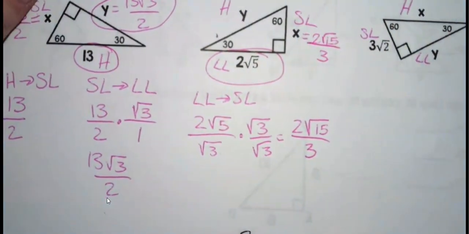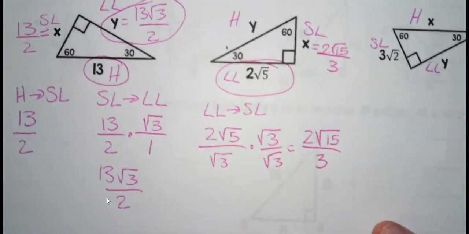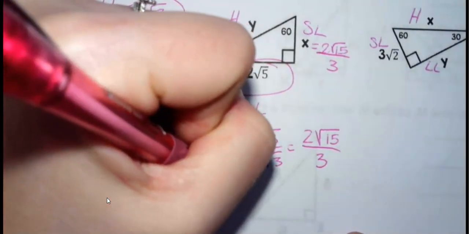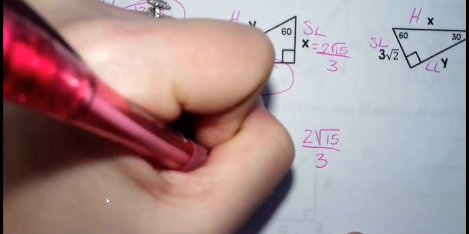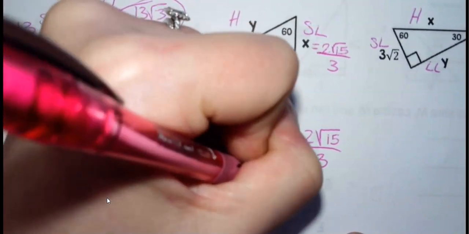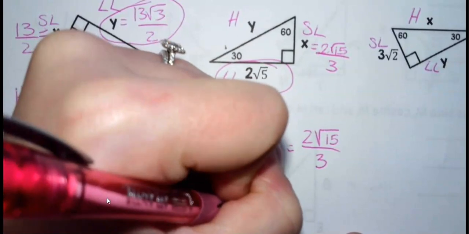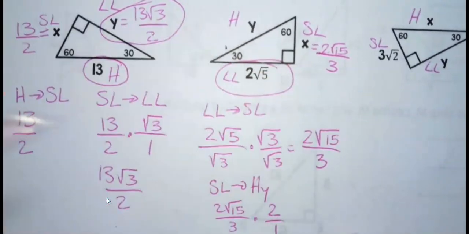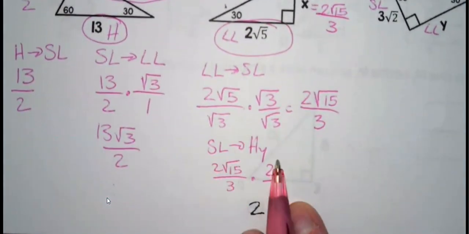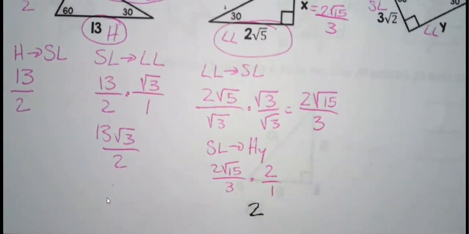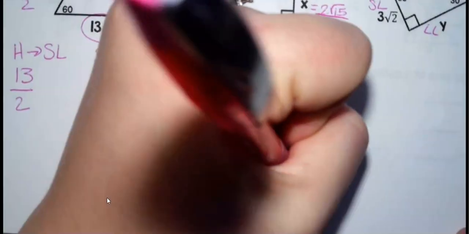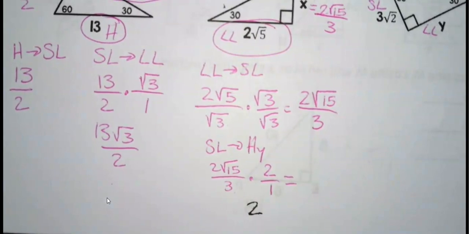Okay, and then you may think, oh my gosh, now we have another step. But this last step is actually pretty easy. It's short leg to hypotenuse, which is just taking this 2 square root 15 over 3 and multiplying it by 2. So remember, when it's a fraction, that's the same as multiplying it by 2 over 1. And I highly suggest doing this because it keeps you organized, so you know what you're multiplying.